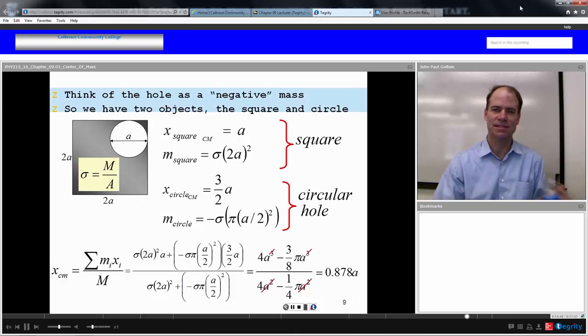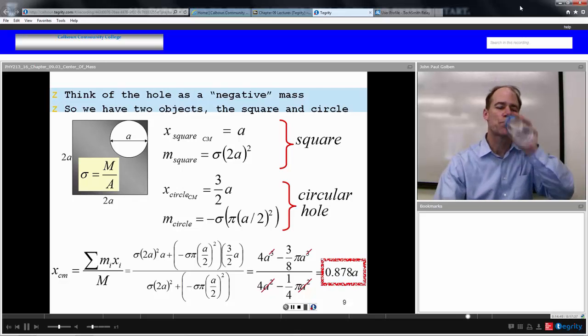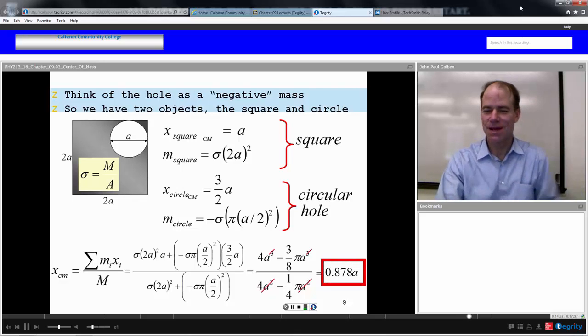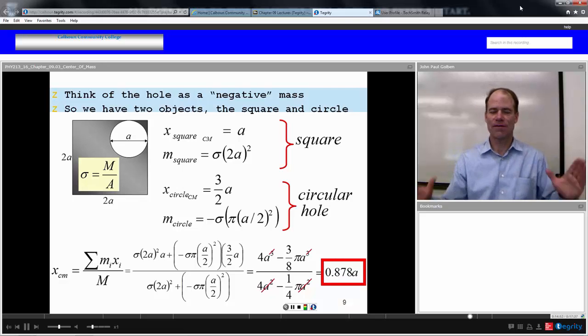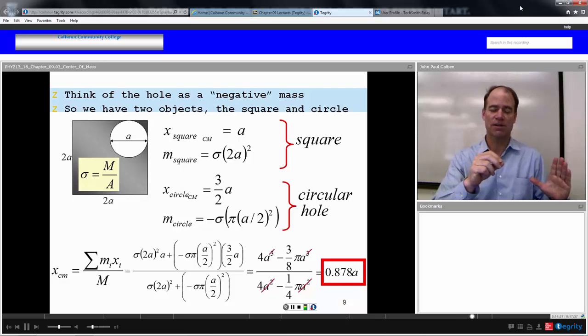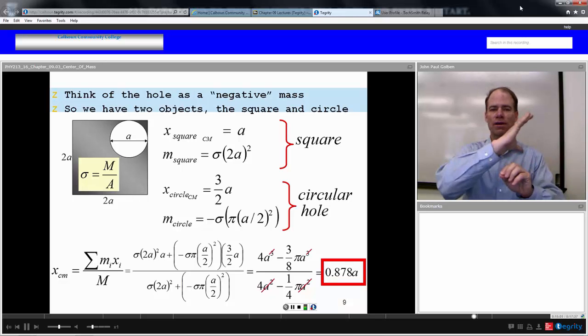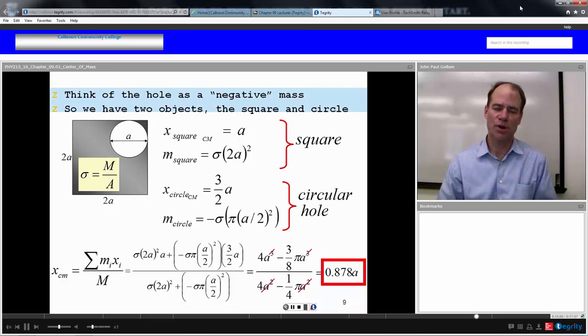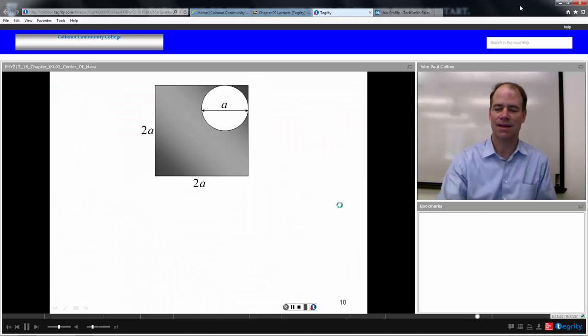So that's my answer. How about that? So if I had the full square to begin with, its location of the center of mass would be right in the center at a. Since I put the hole in there, the center of mass shifted over a little bit to 0.878a.